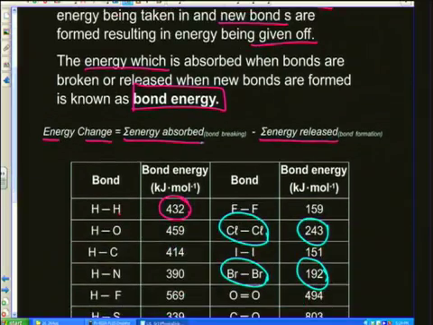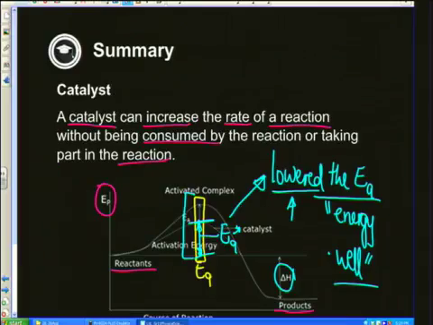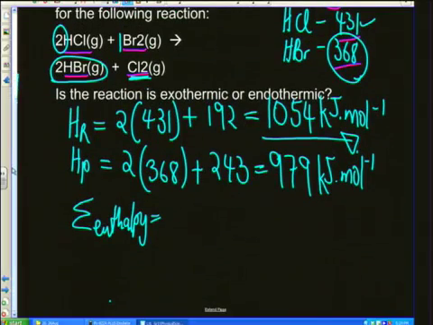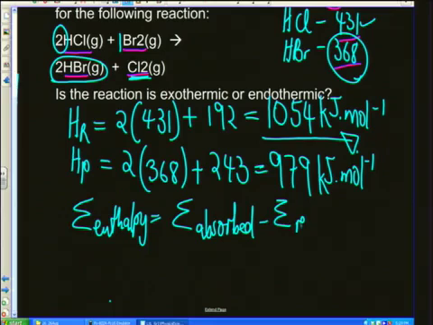My energy absorbed is the energy that was used to break the bonds. So it's total energy absorbed minus total energy released.